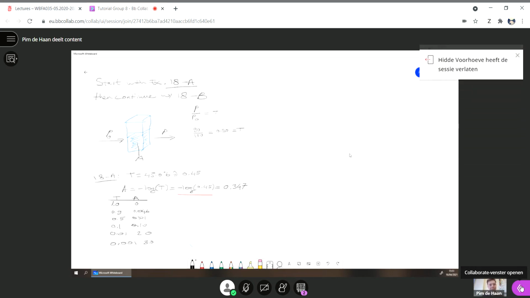Okay, so this one, so I'll take a different color. This means that 10% of the light is coming through. This one means that 1% of the light is coming through, and this one means that 0.1% of the light that we're putting in here is coming out.